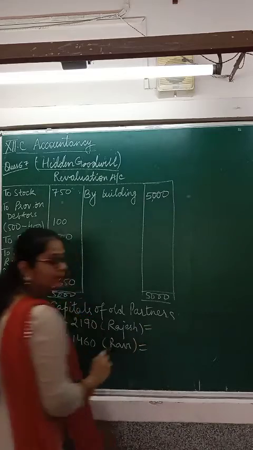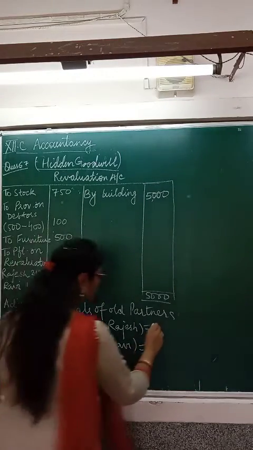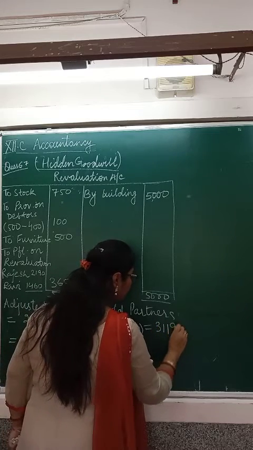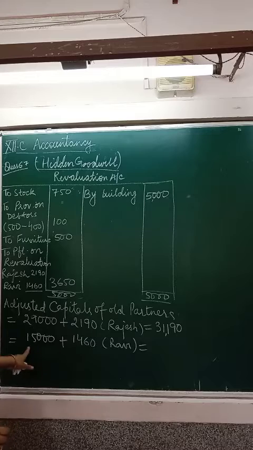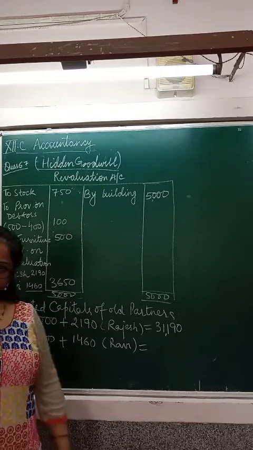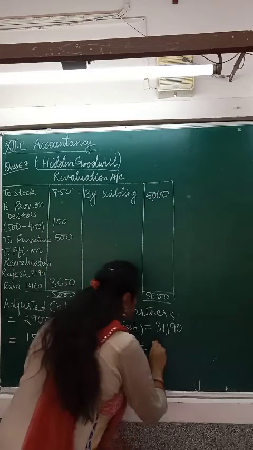So the adjusted capitals of these two partners will be 31190 for Rajesh, and when you add 15,000 plus 1460 for Ravi, it turns out to be 16,460 rupees.